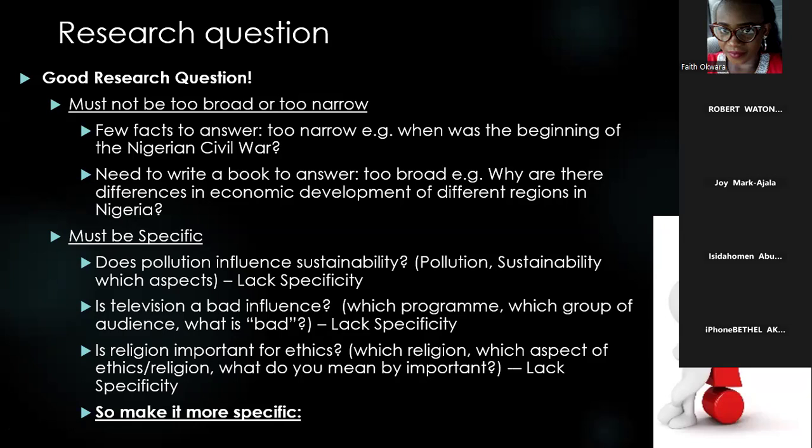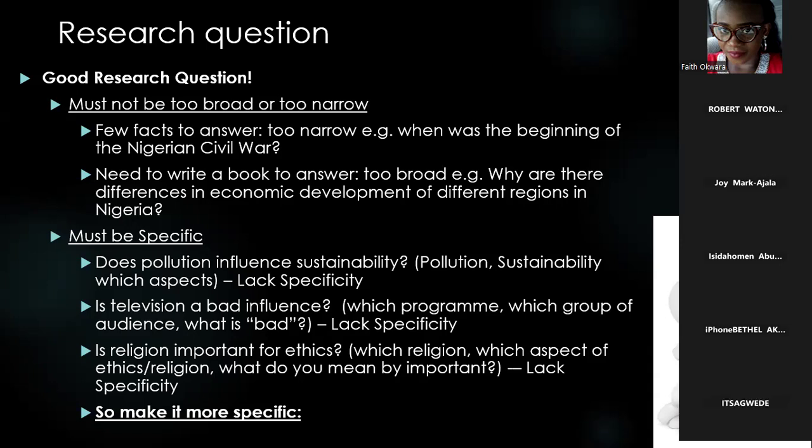So it's specific. We're focusing on environmental pollution and we're looking at its influence on economic sustainability of a particular place. So if somebody says, why didn't you think of Port Harcourt local government? No, my focus is on Obiakpo local government because of so and so reason.